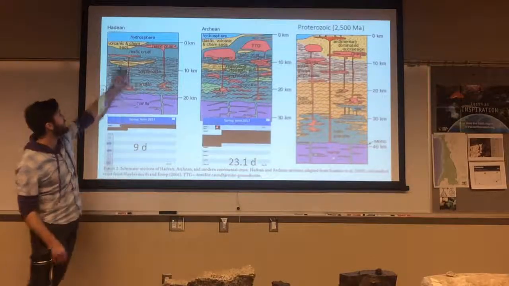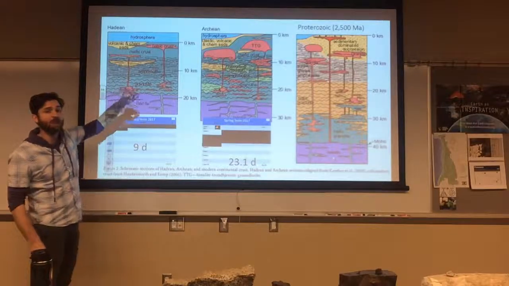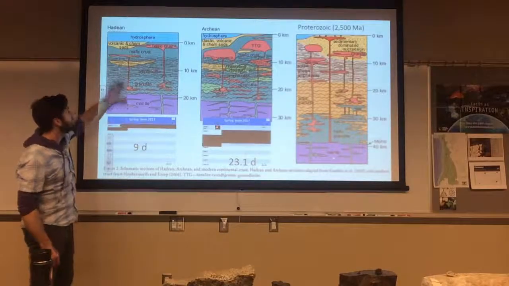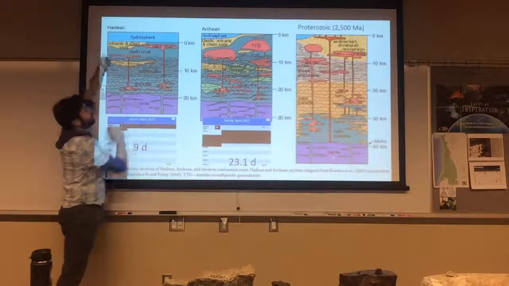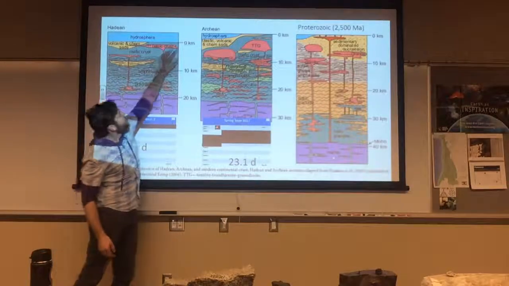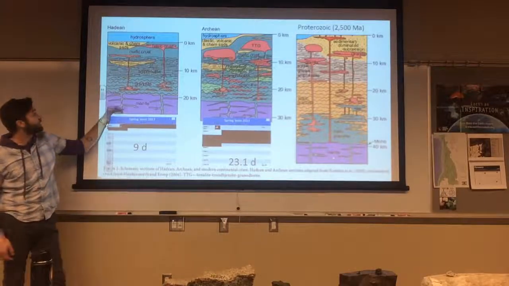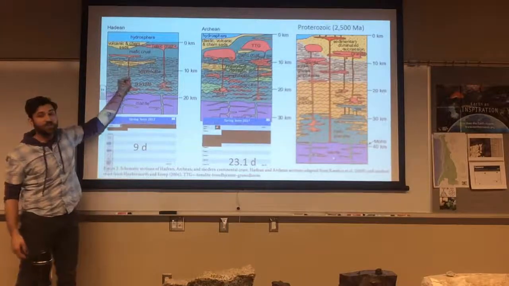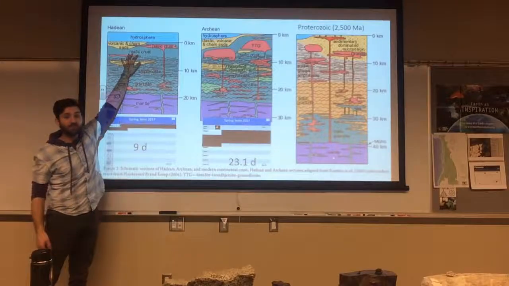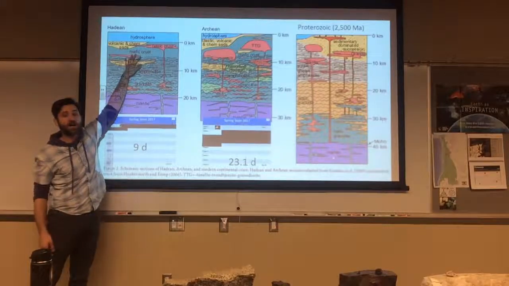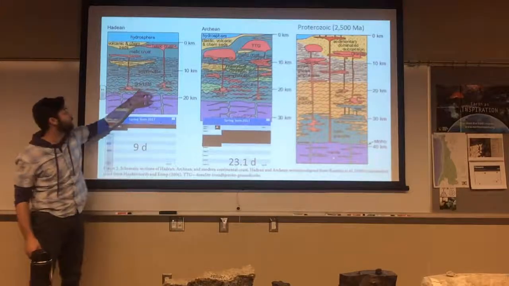Okay, during the Hadean, as referred to in the last slide, the crust is very thin. Here's 0 to 20 kilometers before we get to the mantle of the Earth, and overall a very thin crust, mostly mafic in composition, magnesium and iron silicates, or basalts and gabbros.